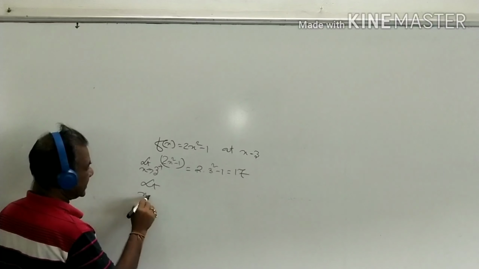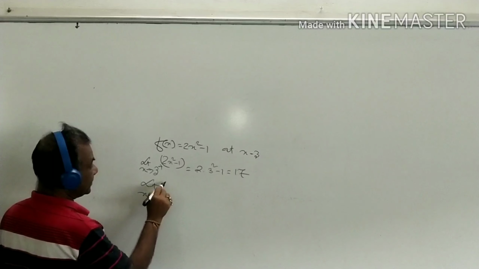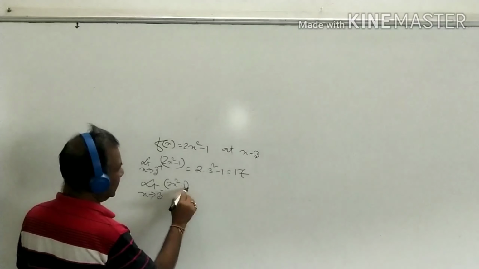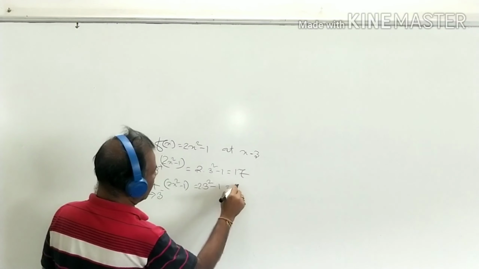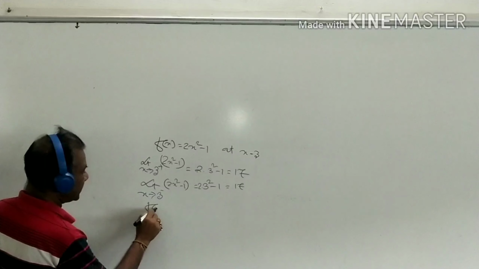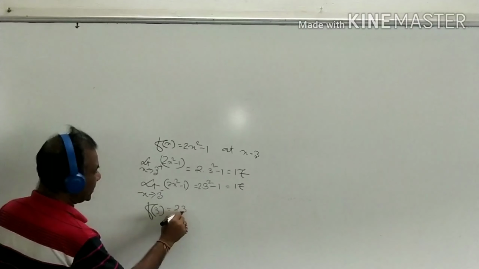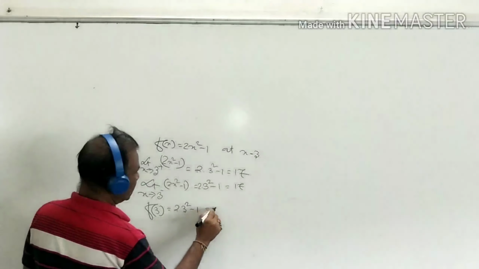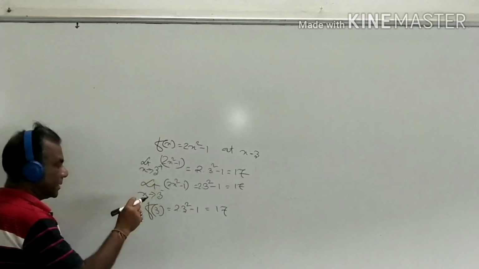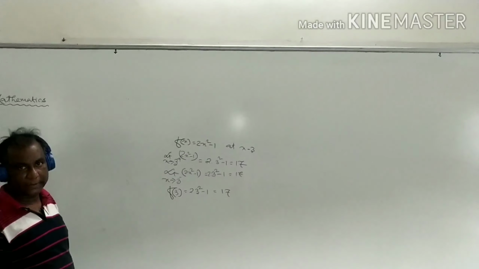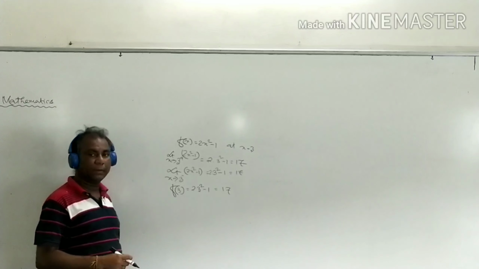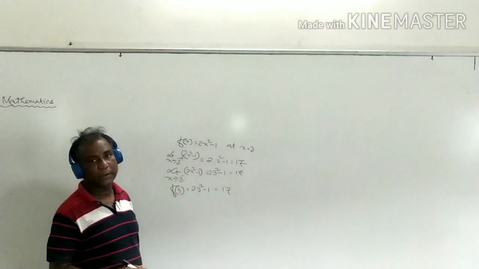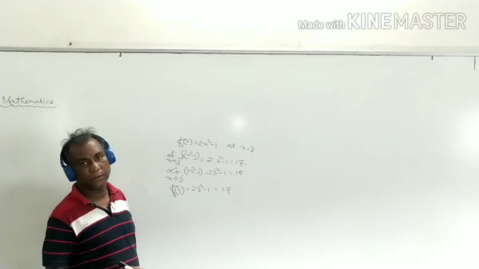Then limit x tends to 3 minus 2x square minus 1 equal to the same, 2 into 3 square minus 1 equal to 17, and f(3) equal to 2 into 3 square minus 1 equal to 17. Once again you can see that left hand limit equal to right hand limit equal to functional value of the function 2x square minus 1 at x equal to 3. So what we can conclude, that the given function is continuous at x equal to 3.